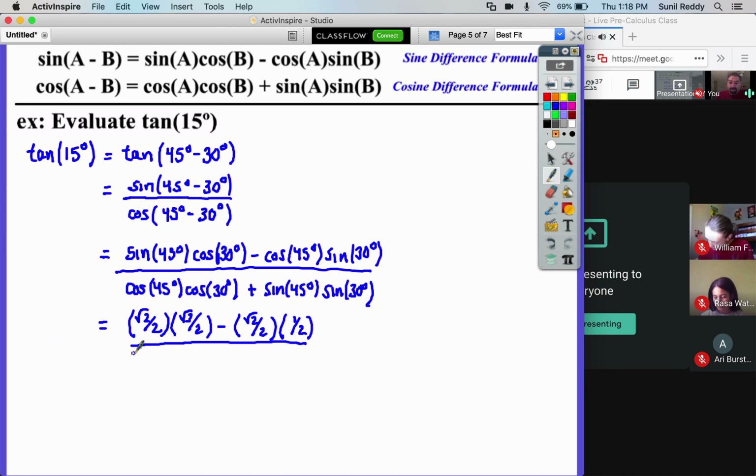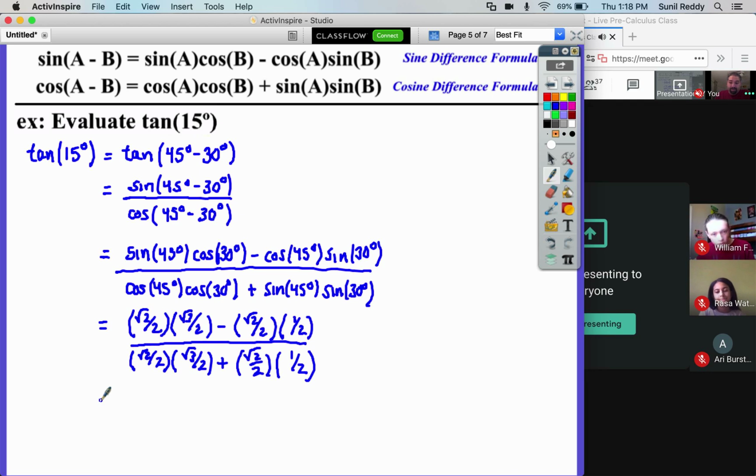Denominator, cosine 45 degrees is root 2 over 2. Cosine 30 degrees is root 3 over 2. Plus, sine of 45 degrees is root 2 over 2. And sine of 30 degrees is 1/2. Now again, it's still illegal to cancel because of that subtraction and addition, so nothing has changed there.